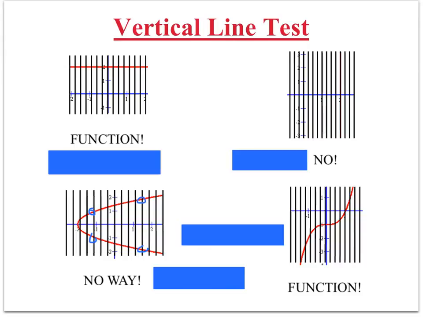If it only intersects no more than one time, then it is a function. If any vertical line intersects your graph more than once, then it is not a function.